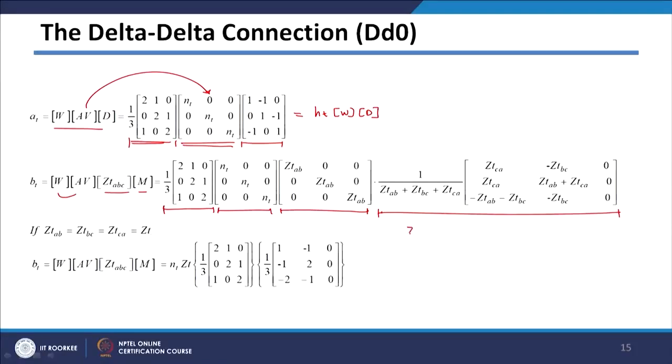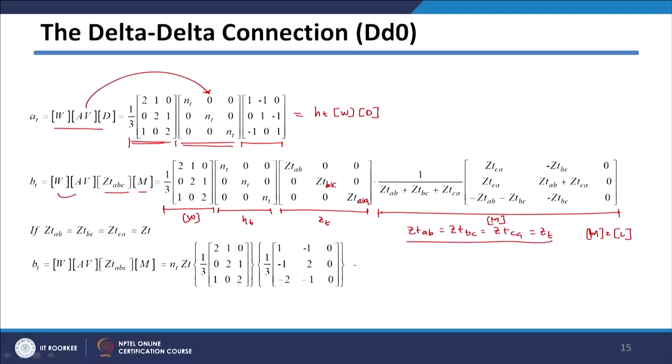So, if ZTAB is equal to ZTBC equal to ZTCA, if they are equal to say ZT, in that case from this we can take ZT common out, from this we can take NT common out, keeping W and this M matrix. But we have seen that if these impedances are equal, your M matrix is actually equal to your L matrix.